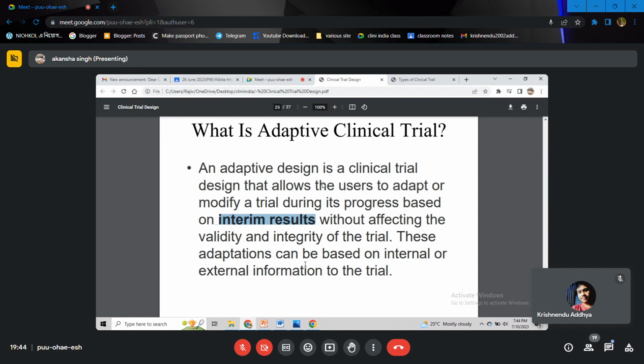This adaptation can be based on internal or external information of the trial. Because we collect the data, we know how the drug is performing, how it is better. Patient care is most important for the investigator or physician who is conducting the trial.